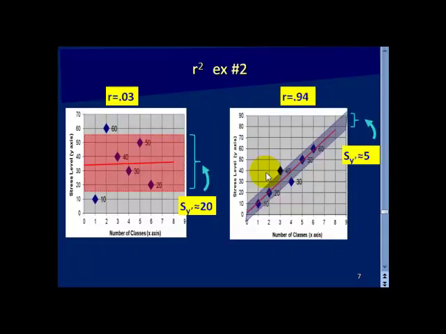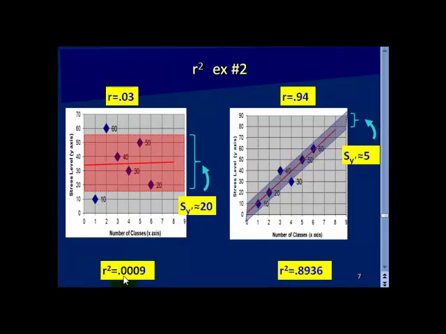Okay, so here's another way of thinking about it. On the left-hand side, we have a situation where there's a really small r, virtually 0, and our measure of variability around the regression line, the standard error of the residual, is 20, and over here it's 5. So we're accounting for a lot more variance on the right-hand side.